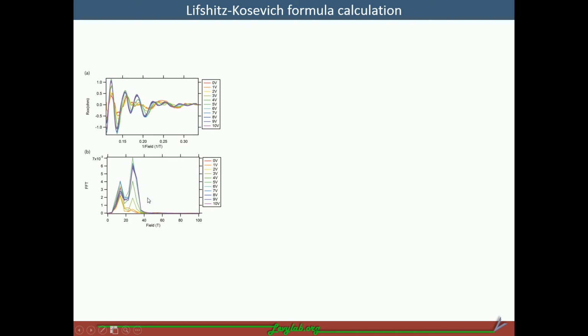So we can do some analysis on those quantum oscillations first. By doing the measurement at different back gates and subtracting the magnetoresistance background, we can do a Fourier transform of the oscillations and found the period doesn't change much, and from the period we can calculate a carrier density around 1.3 times 10 to the 12.